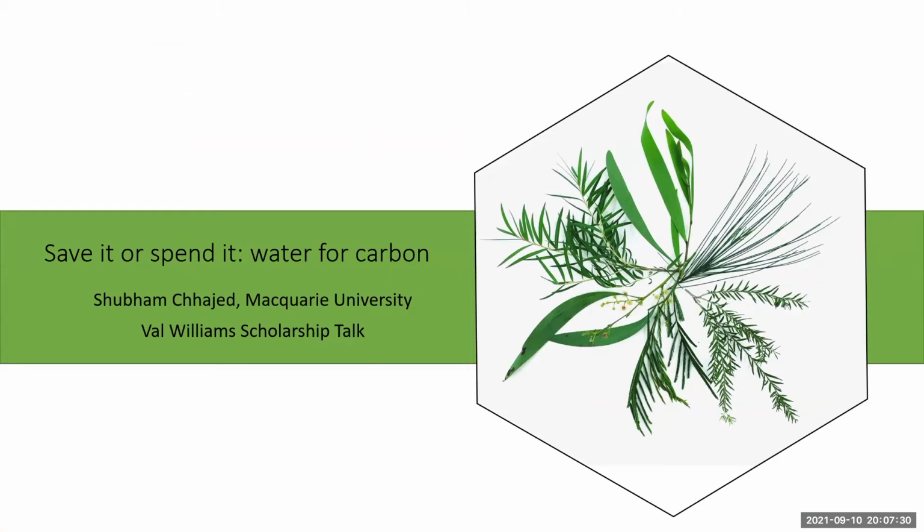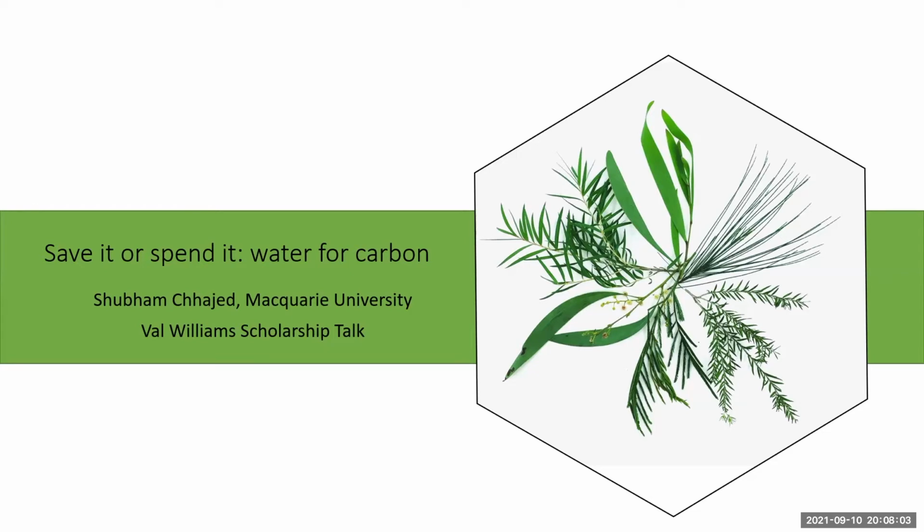And still, there's so much variation in how much plants photosynthesize, and a lot of this variation is not explained. I'm trying to understand if how plants manage their water budget, or the different strategies that plants have in order to use water, has anything to do with photosynthesis and carbon fixation.